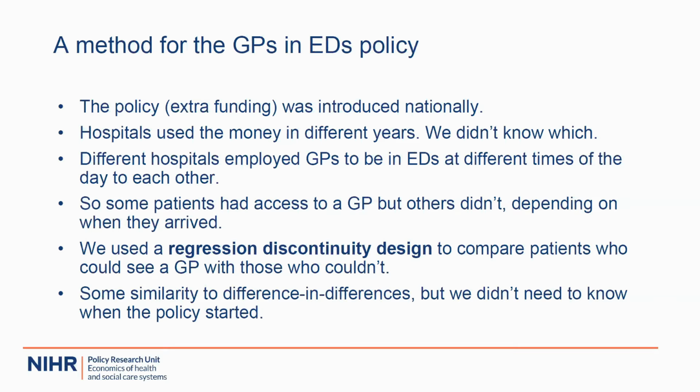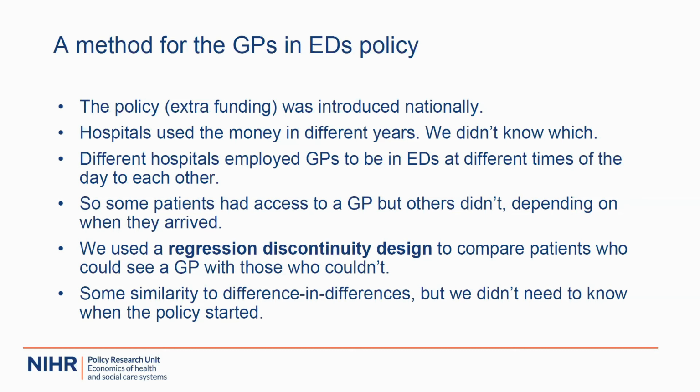So our assumption for this evaluation instead was that patients go to an emergency department when they feel unwell, rather than when they know that a GP is likely to be there, because there were also some separate investigations which showed that patients generally didn't know that a GP was available.